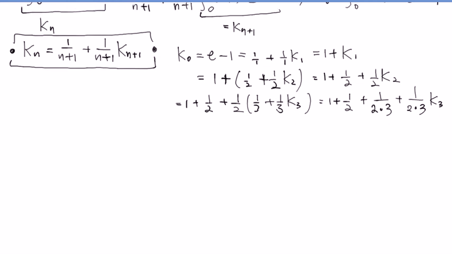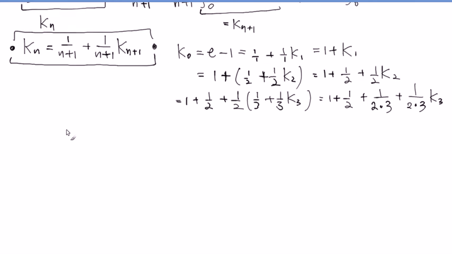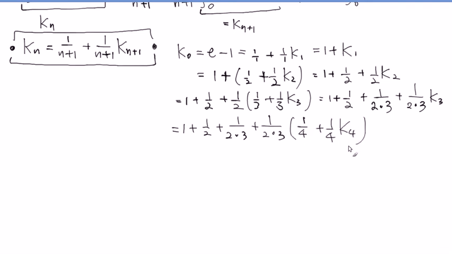I'll do just 2 more times and everybody will understand what this is about. 1 half plus 1 over 2 times 3. What's K3? 1/4 plus 1/4 K4. Correct? So let's expand that: 1 plus 1 half plus 1 over 2 times 3 plus 1 over 2 times 3 times 4 plus 1 over 2 times 3 times 4 times K4.